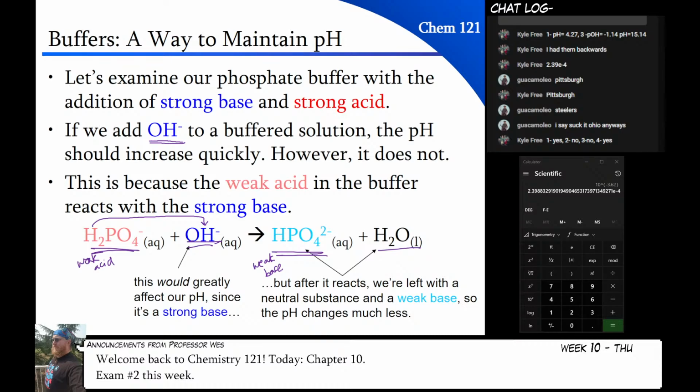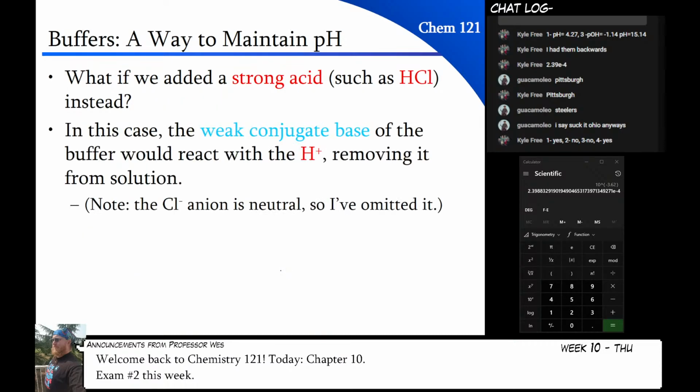Now, the same thing will happen if we add acid. It's just that instead of the acid reacting with H2PO4-, it would react with HPO42-. So that would look like this. So here's our acid we're adding.